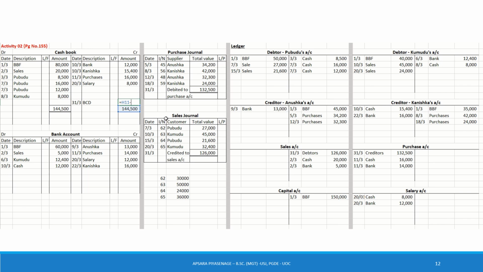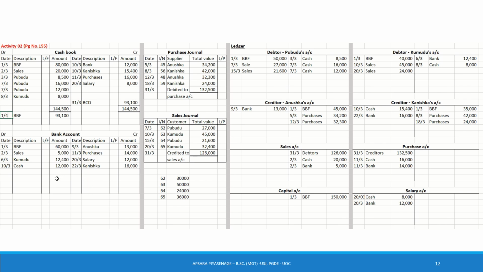Balance carried down is 93,100. So it is a balance brought forward, BBF, on 1st of April.